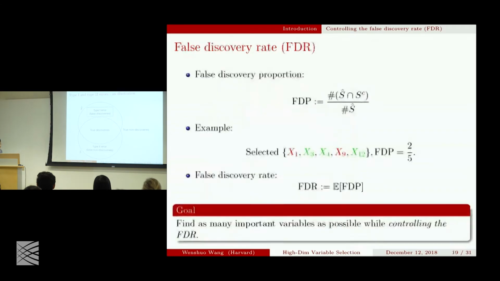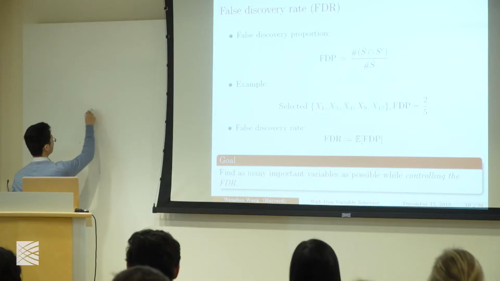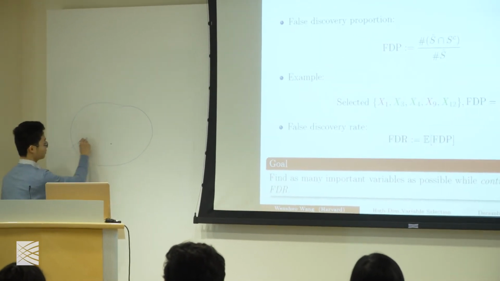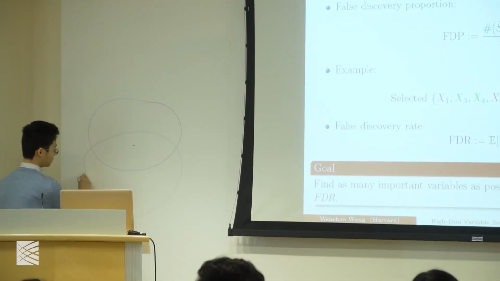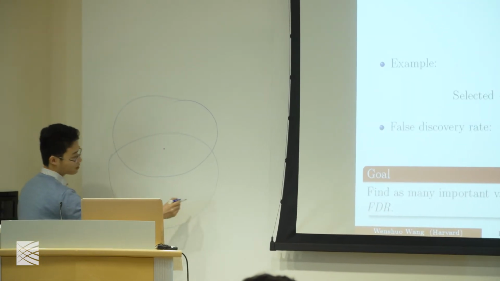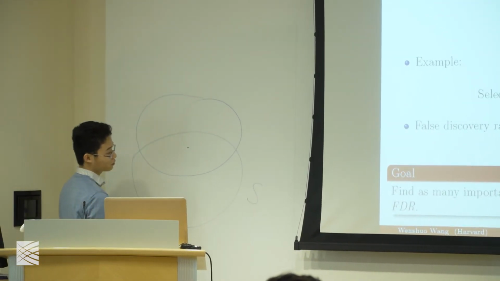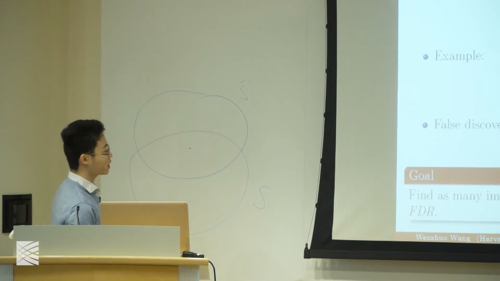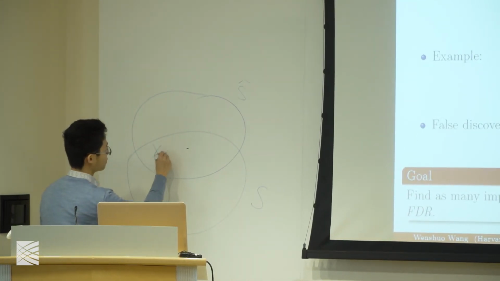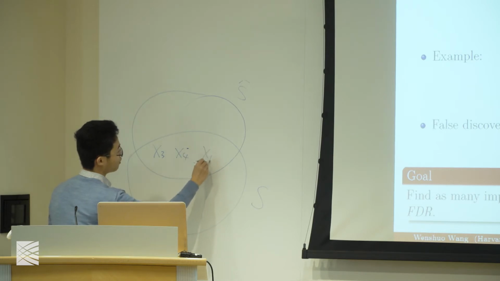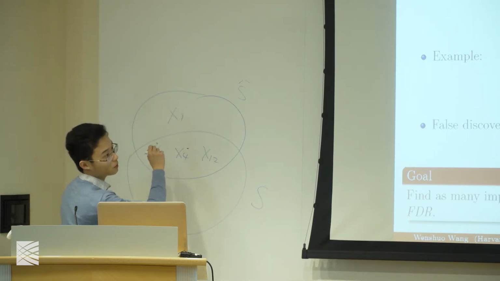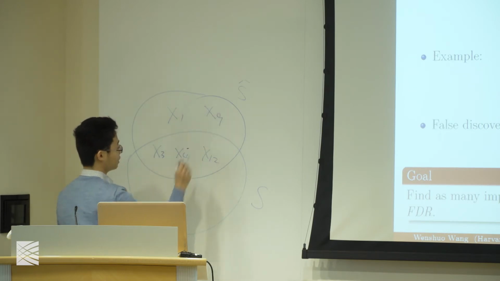Okay, so for example, can everyone see this? This is our set S, the truly influential variables. This is what I discovered. And the intersection is going to be the real ones, 3, 4, and 12. And here is going to be the false ones, 1 and 9.